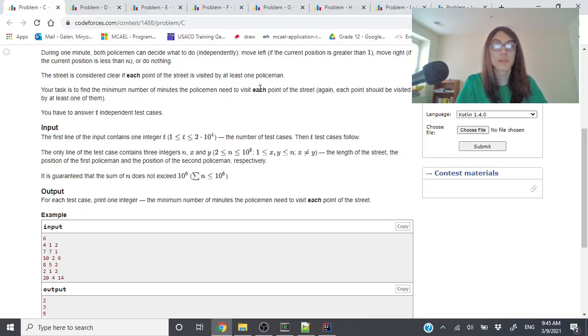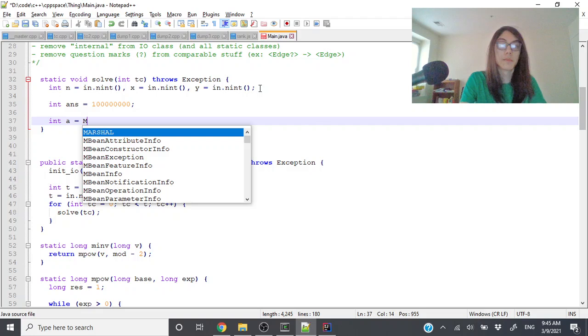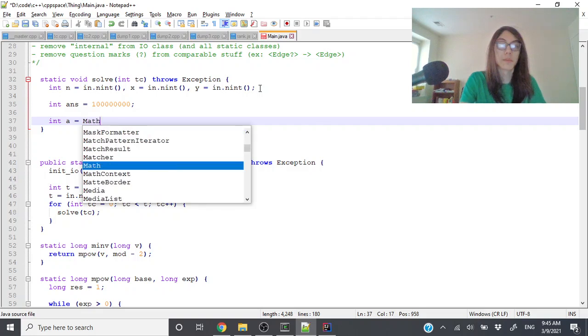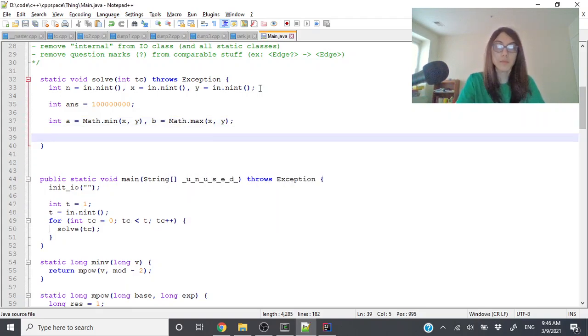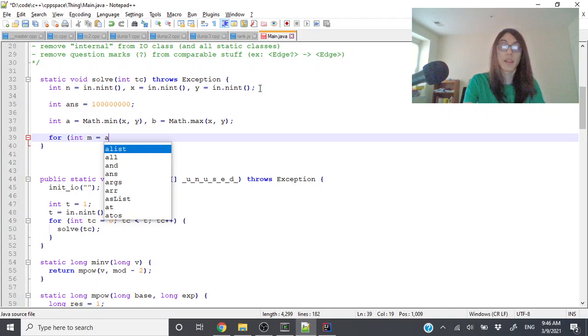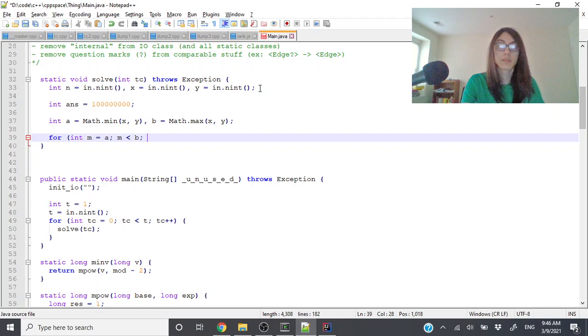Okay, so int a equals, we just want x to be smaller than y. So let's see, the midpoint can be anywhere between a and b.